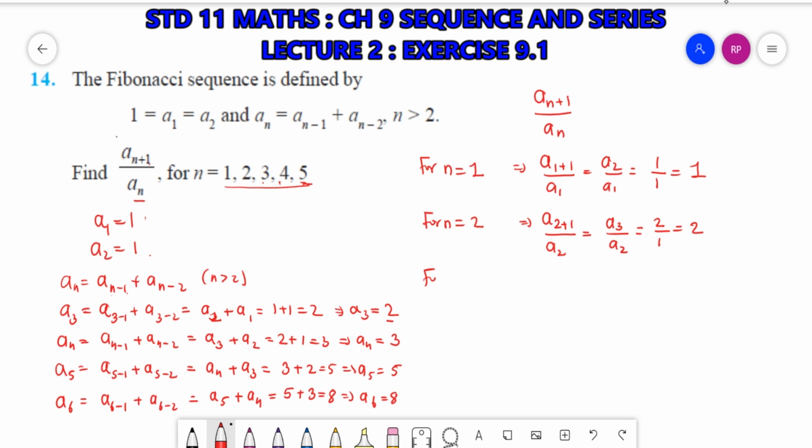For n equal to 3, A3 plus 1 upon A3, that is A4 upon A3. The value of A4 is 3 and the value of A3 is 2, so this is 3 by 2.